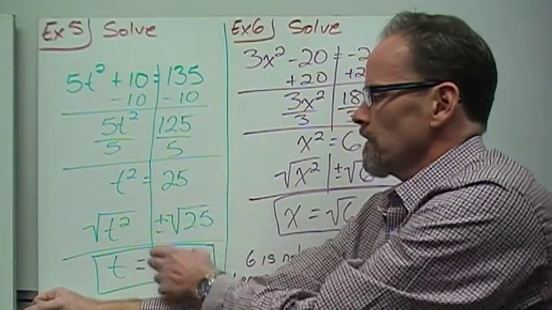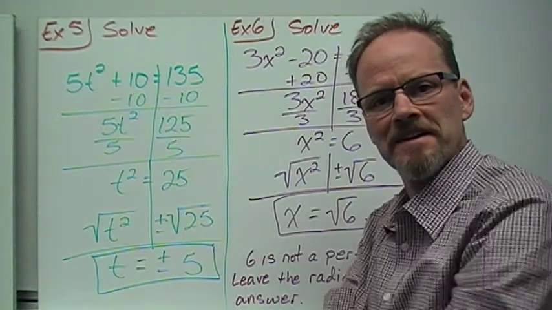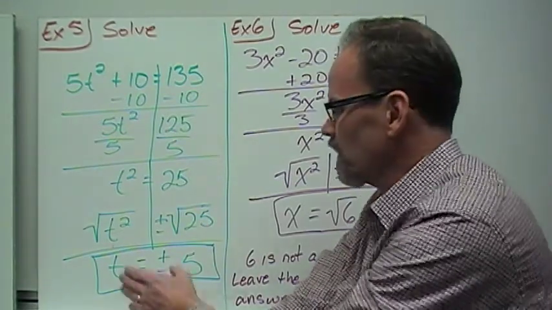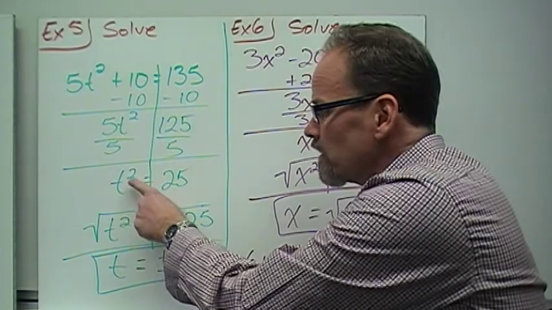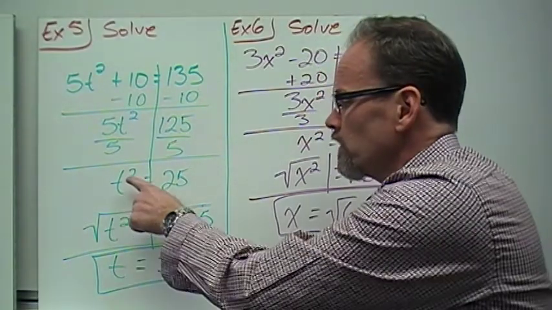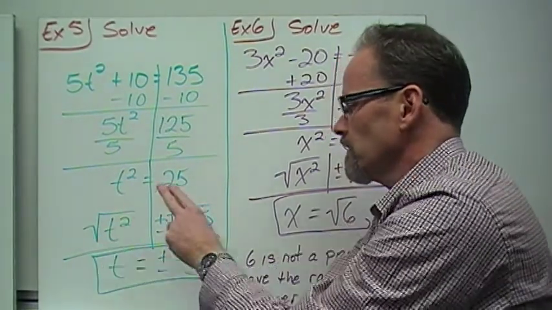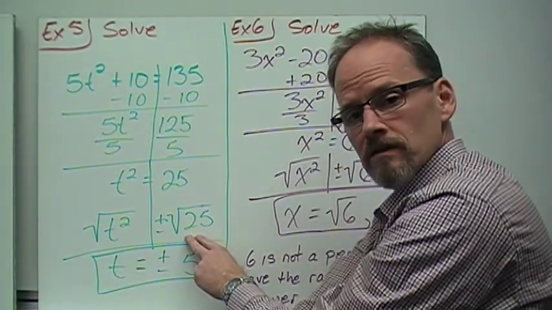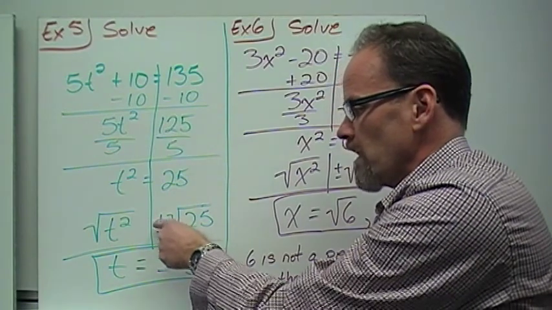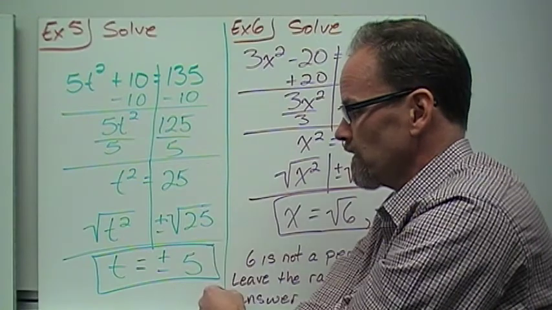I'm just going to keep going. Remember, now I need to get rid of that squared exponent right there. In order to do that, all I need to do is just take the square root. So I take the square root of this side, which means I need to take the square root of this side. Remember, we're going to have two answers, so it's a positive, negative square root of 25.